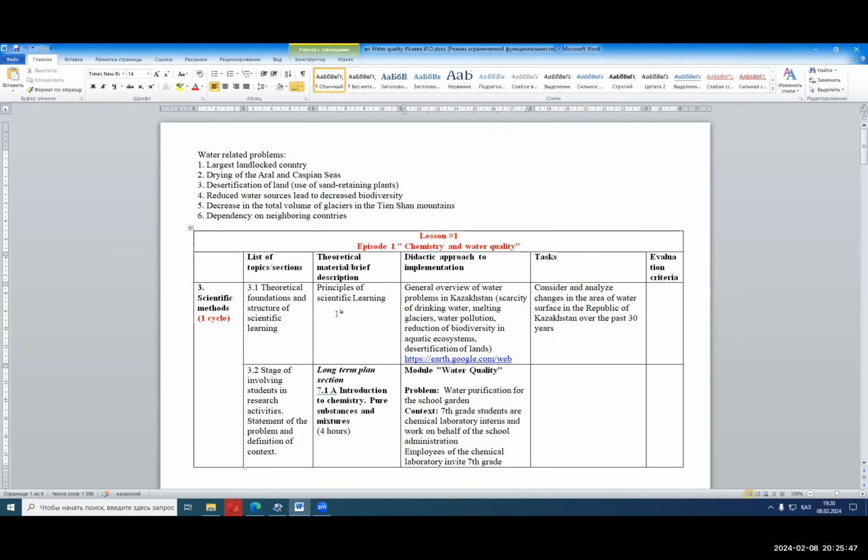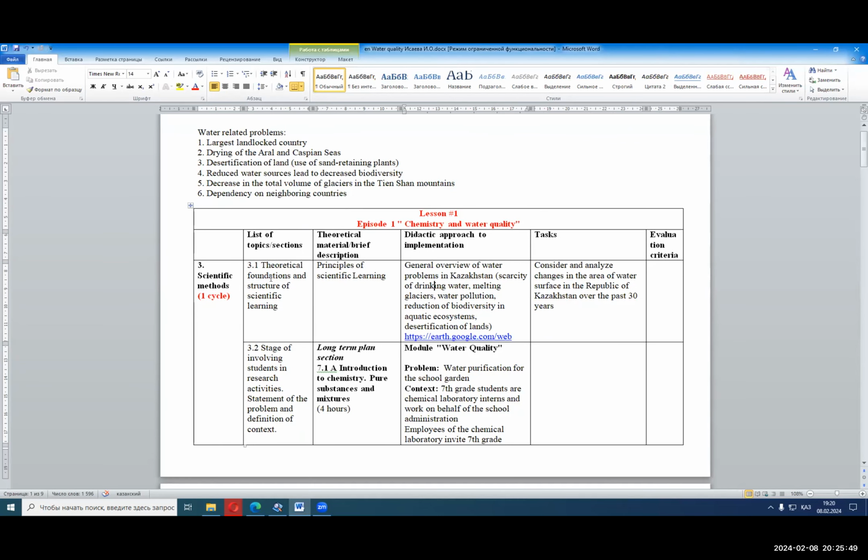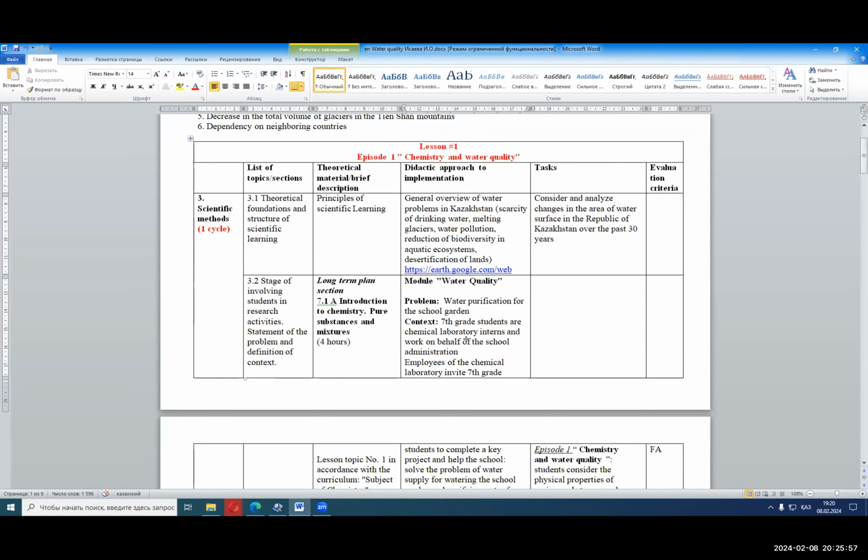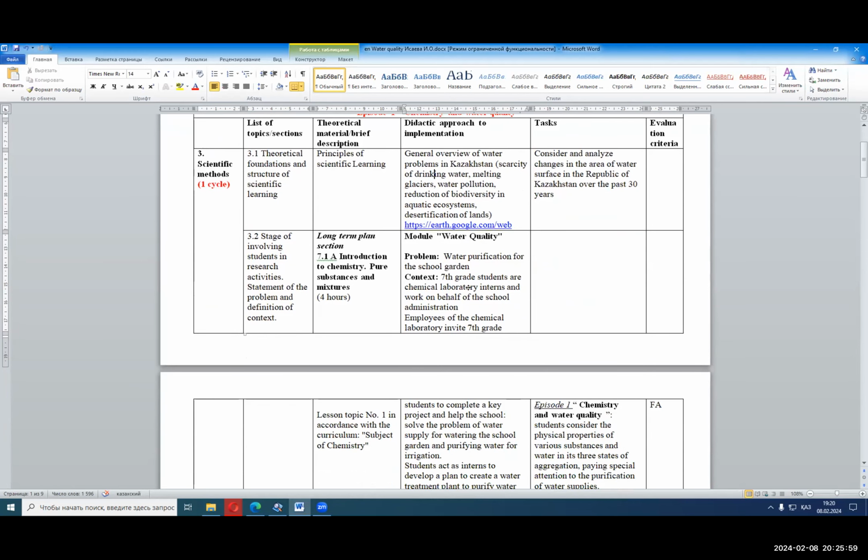This is just for the beginning. So maybe the first lesson we will start from the problems of why water is very important for our country. Then we will go more to our national curriculum, where we have several lessons or several hours about water, like starting with substances and mixtures.